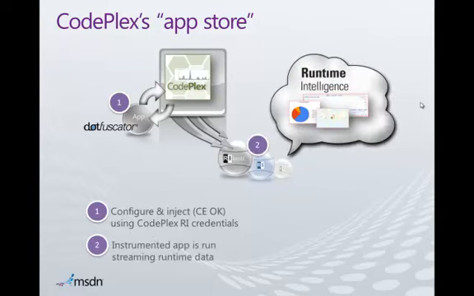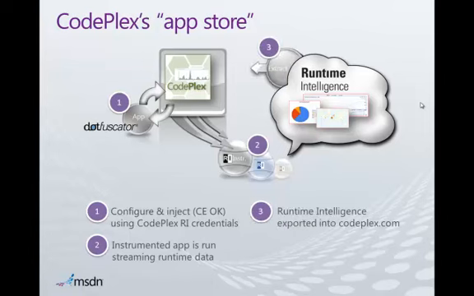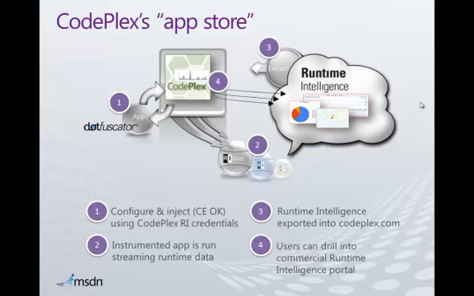When users opt in, their usage of the instrumented applications streams to Preemptive Solutions' commercial runtime intelligence portal. Then, CodePlex extracts summary usage data and surfaces project-specific data inside the CodePlex site as an extension to their standard project analytics tracking, such as downloads and page views.